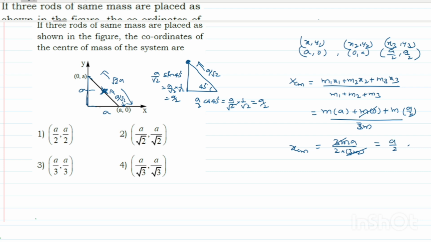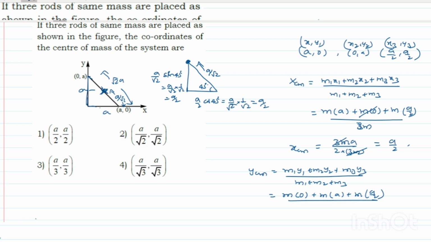In the same way, we can talk about ycm, which equals m1 y1 plus m2 y2 plus m3 y3 by m1 plus m2 plus m3.